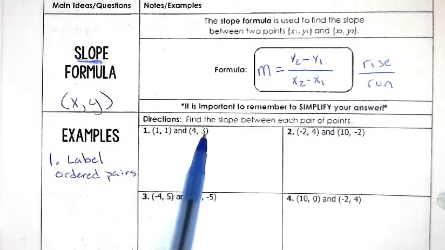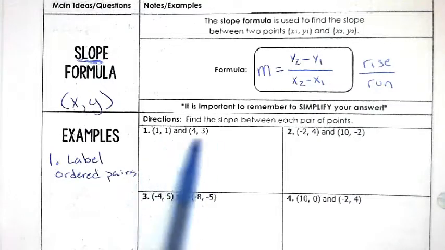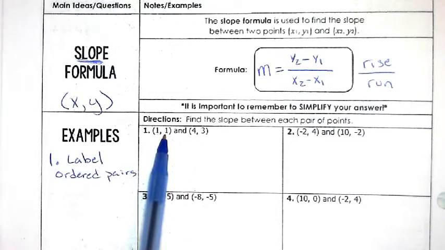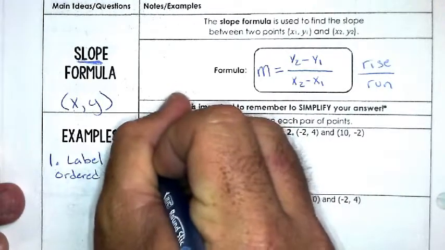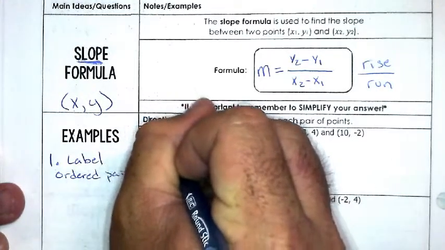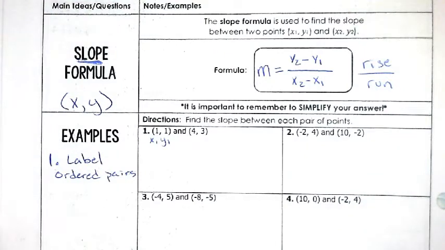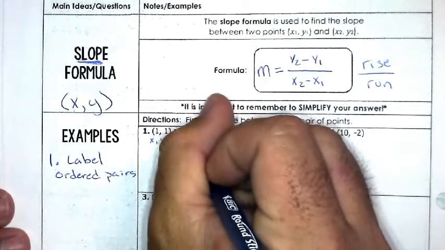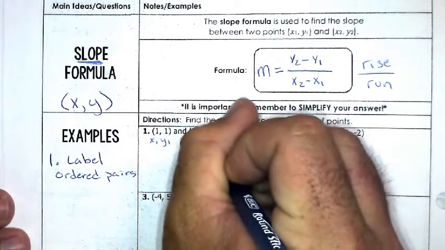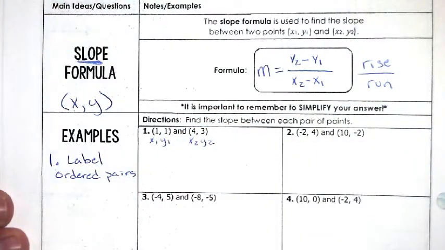The 1, 1, correct? That is going to be your x1 and y1 because it was given to you first. Which means the other ordered pair is x2, y2 because it's given to you second. So we've labeled our ordered pairs.